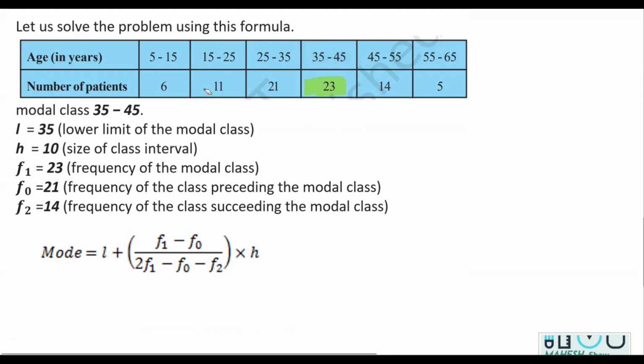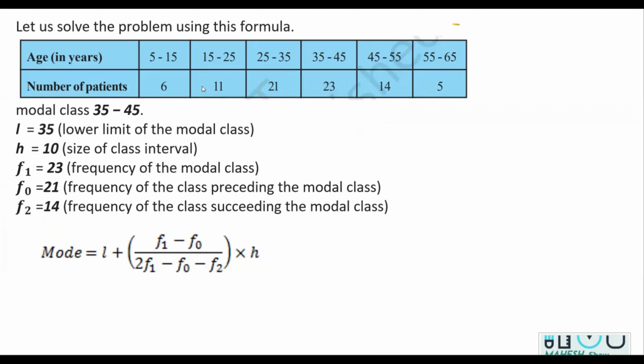Class size h is the upper limit minus lower limit, 45 minus 35, which is 10 here. f1 is the frequency of the modal class, which is 23. f0 is the frequency of the preceding class, which is 21. Likewise, f2 is the frequency of the succeeding class.